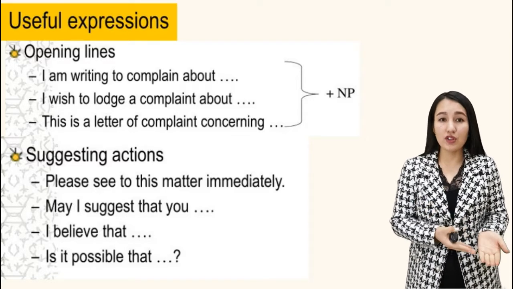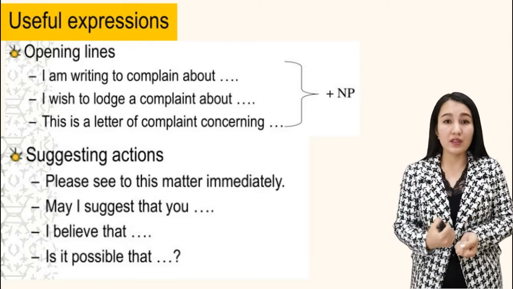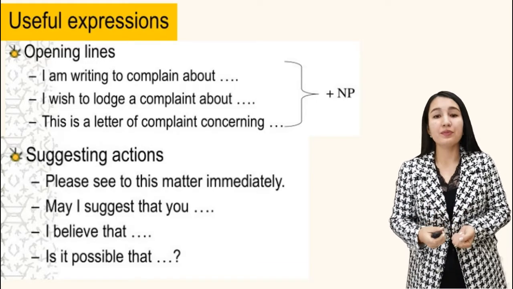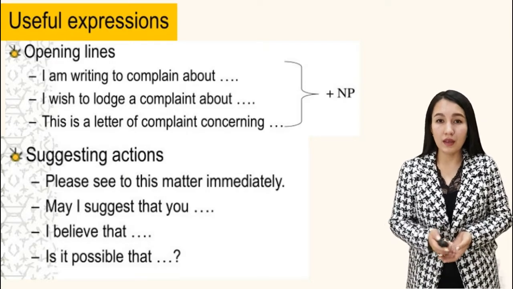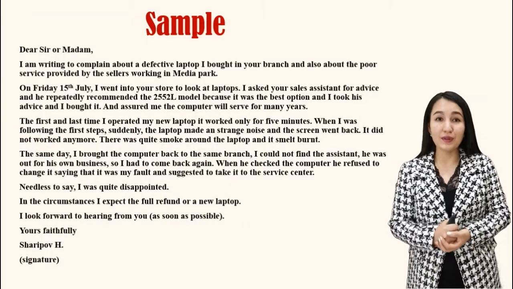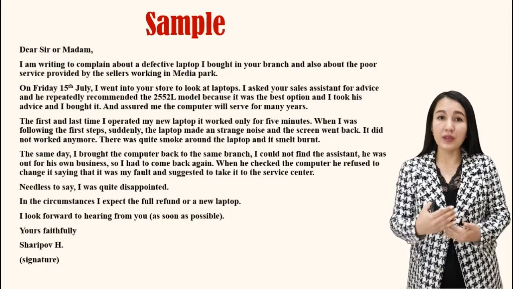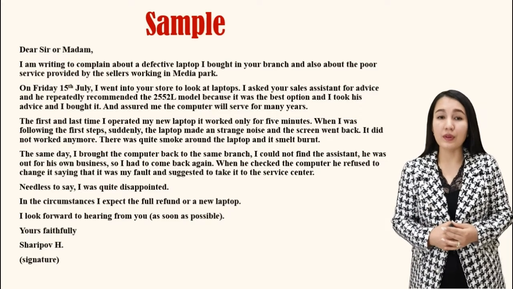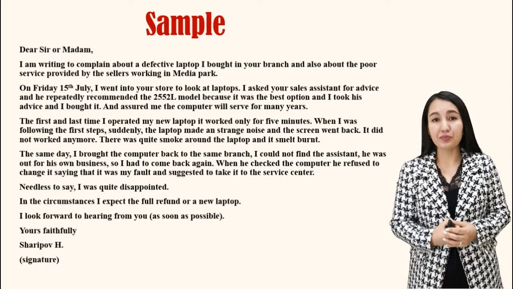For suggesting actions, for example, Please see to this matter immediately. You can also use others in your writing. Please remember them. Here is the sample. When you have time, please, students, read this sample and compare it with the structure I have explained.